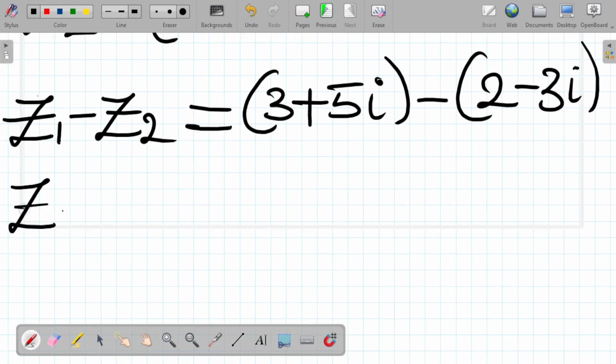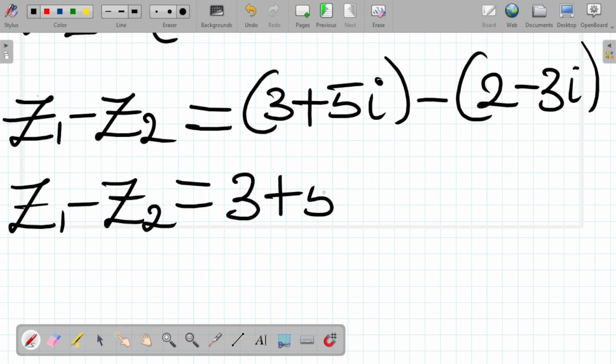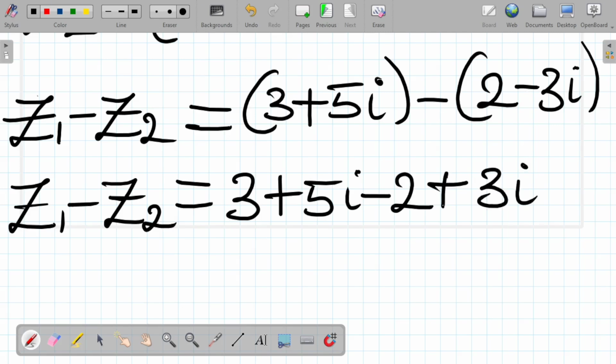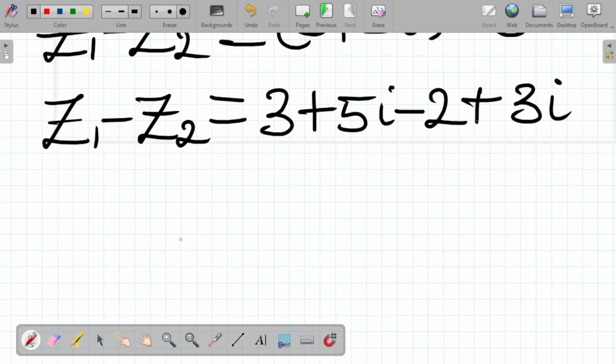So z1 minus z2 is equal to, now let's open up the bracket. So we have 3 plus 5i, alright, minus multiplies 2, it gives us minus 2, and then minus multiplies negative 3i, it gives us positive 3i. Alright, our next task is to collect like terms.